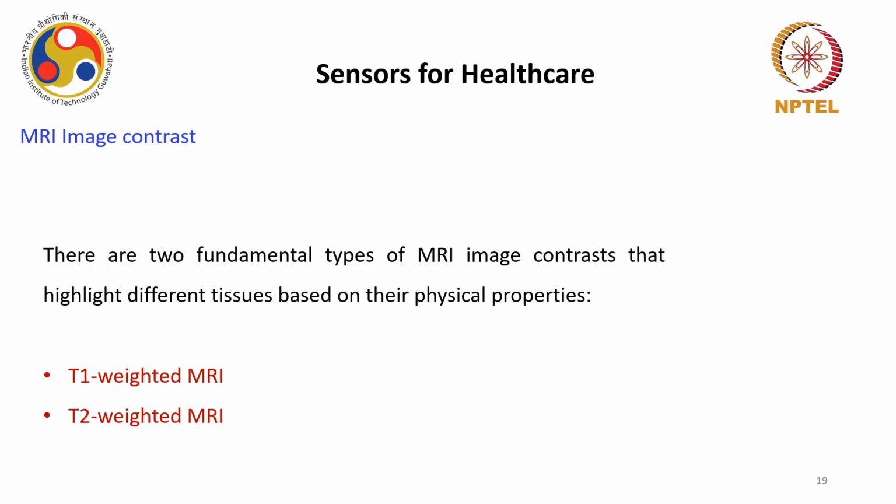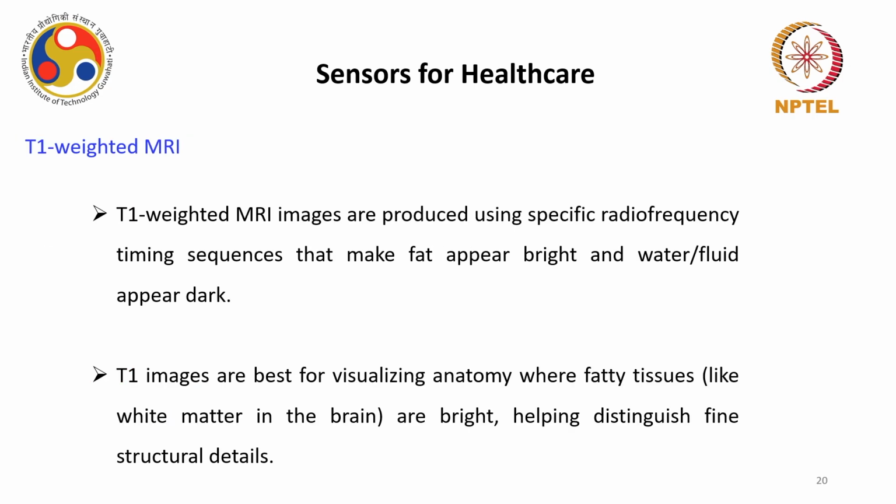Depending on what kind of diagnosis you have, there are two fundamental types of MRI image contrast that highlight different tissues based on their physical properties. You have T1 weighted MRI and T2 weighted MRI. The T1 weighted MRI images are produced using a specific radio frequency timing sequence that makes fat appear bright and water appear dark.